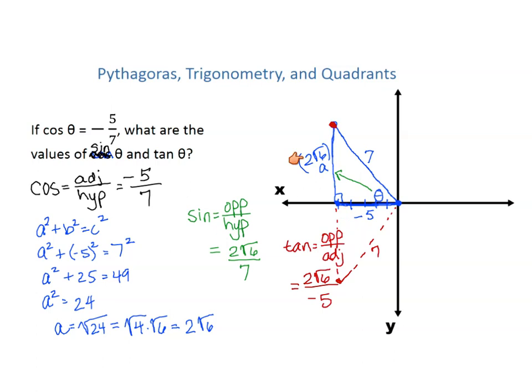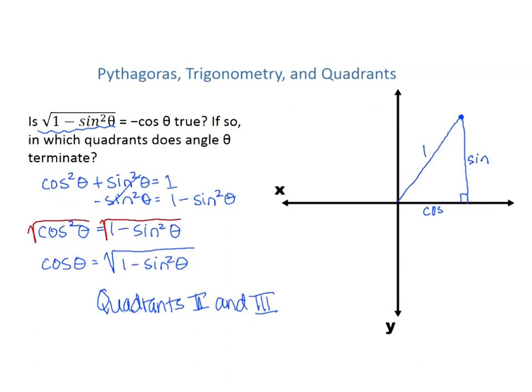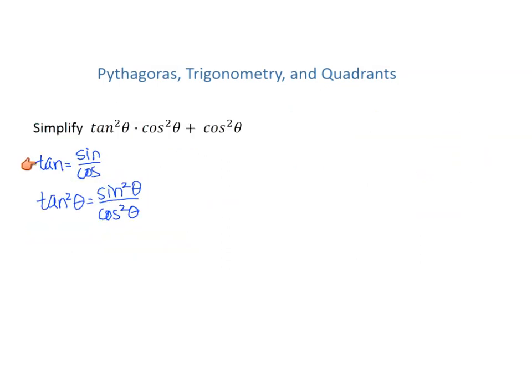So opposite over adjacent is the same thing as saying the y value over the x value. And that's why we were able to do it here. And that's where this identity comes from. And then the relationship doesn't change when I square the trig functions. So let's keep that in mind, and let's see if we can simplify this.